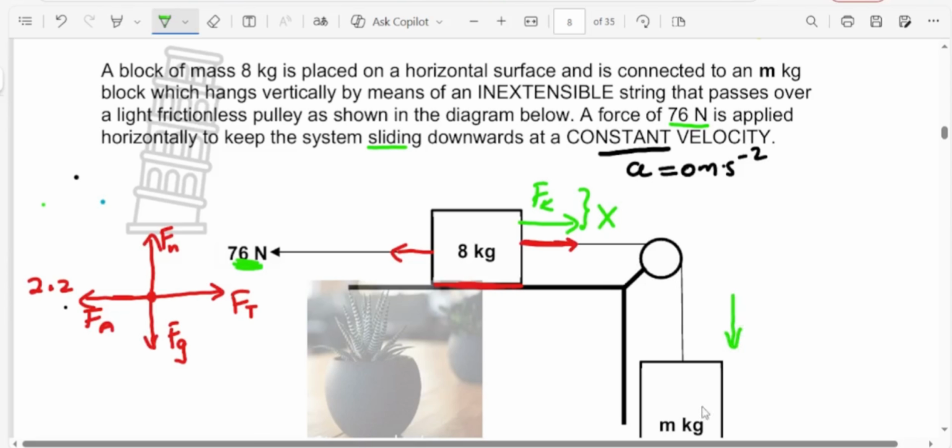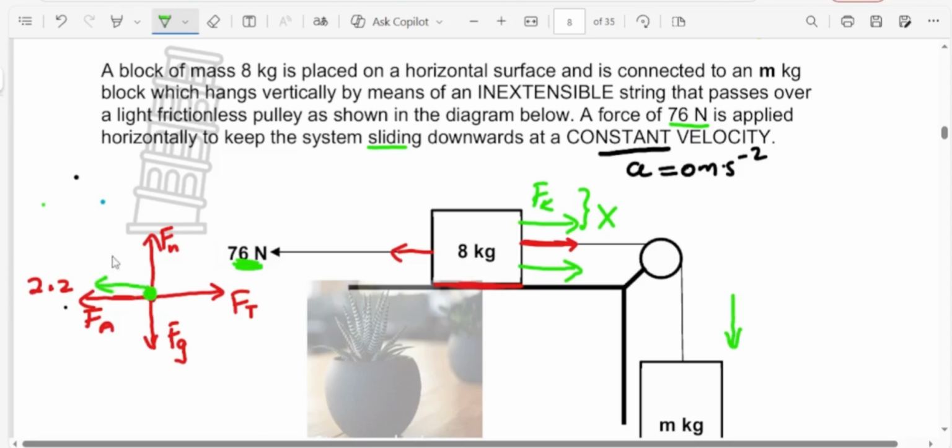So this tells us that the mass m kg is going down, which will also make the 8 kg block go in that direction, to the left. Even though there's a force applied, the system still moves in that direction. So this tells us that the frictional force will point in the same direction as what? As the applied force. This is very important. So let's make sure that we don't donate that mark.